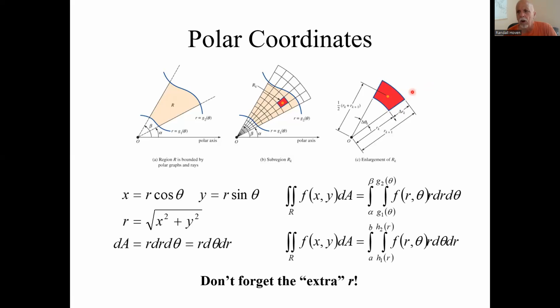Along r, that's a length, but along theta, that's an angle. You need to multiply theta, the angle in radians, times r, and then you get a length. So that's one way to help you remember the extra r. The dA now becomes r dr d theta or r d theta dr, depending on the order of integration.